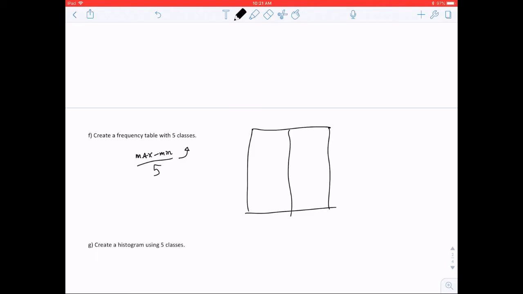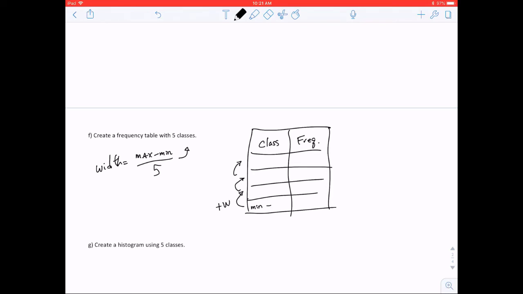So then you start making the table. 1, 2, 3. These are going to be the classes and these are going to be the frequencies. And then you would start with the very smallest number down here, and whatever you got over here for the width, you would add that on, plus the width, add it on again, add it on again, and then fill in the numbers.